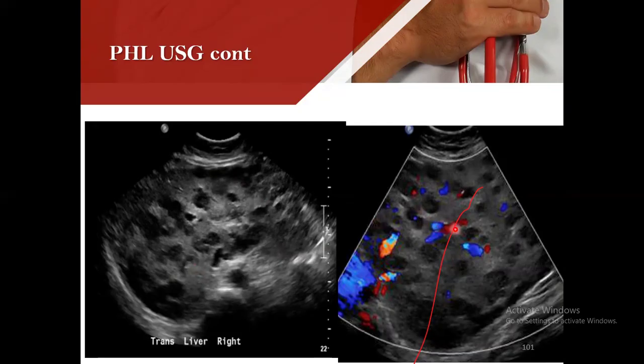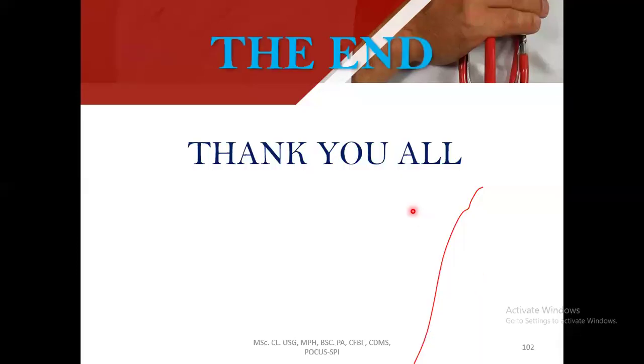On the Doppler, you see that the lymphomas themselves are not showing flow, but the surrounding tissues are. The color box is on it, but if you check very well, the lymphomas themselves are not showing flow like that. And that ends this presentation.